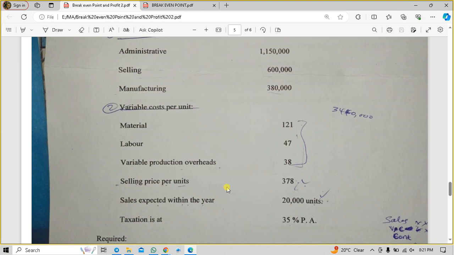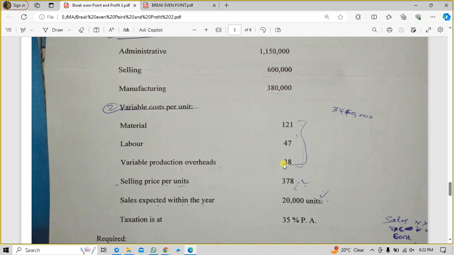So what are you getting as your labor? Labor cost ni ngapi? 940,000. Yes, I've also had another 940. So labor is 940. Variable production overheads 38,760,000. Correct. Add them. Add the variable cost.